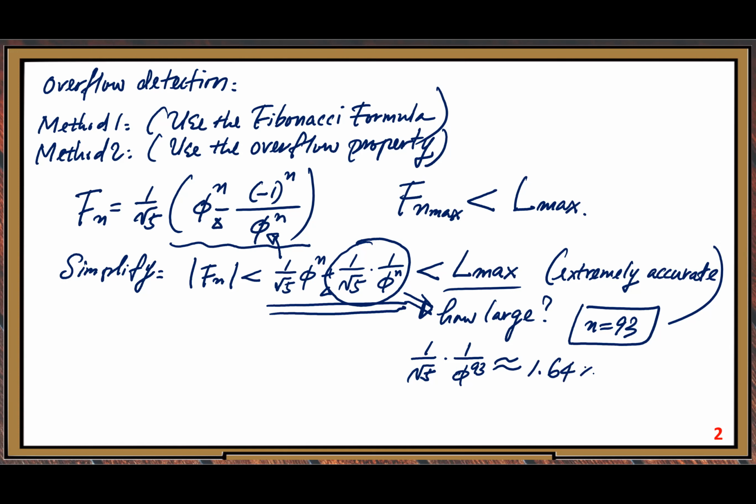1.64 times 10 to the negative 20. Do you know how small this number is? Let me tell you. In a computer, you cannot represent a floating point number accurately, because a computer has a limited number of digits after the decimal.